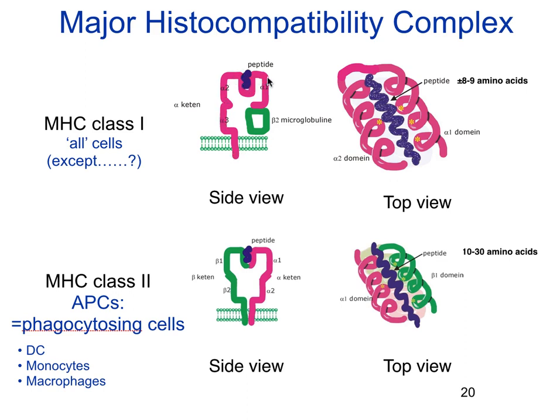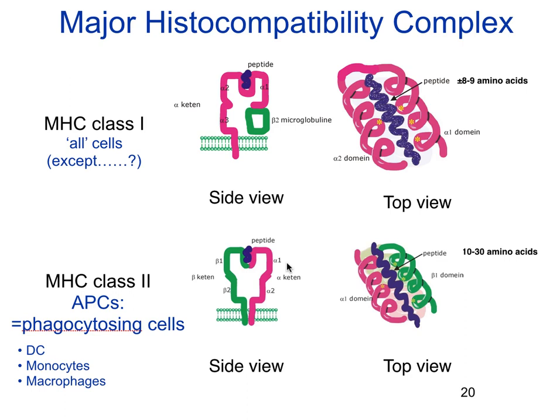It's a bigger alpha peptide with a smaller beta peptide. And if you take a top view, then it looks like this. It sort of looks like a tray, and this purple thingy is the peptide that can be presented in this tray. So the pink part is the actual MHC molecule, and within that molecule is a peptide that is shown to the outside world.